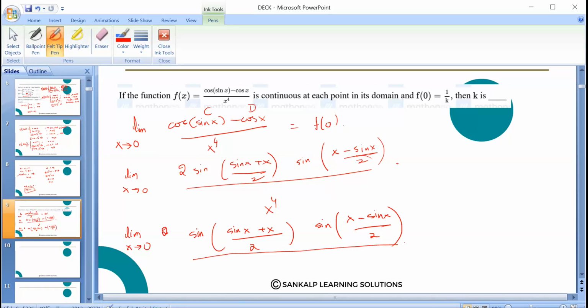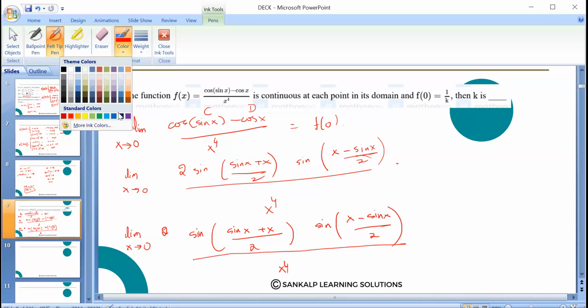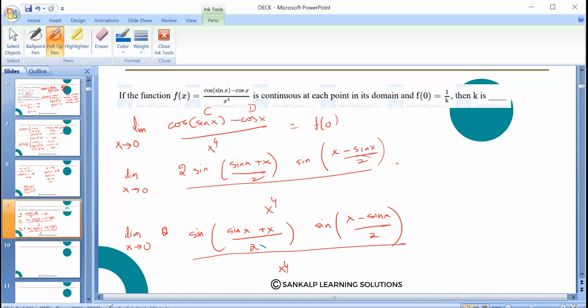And then down I have x power 4. So in numerator, I'll multiply x and x cube here. In denominator also, I have to divide by x power.